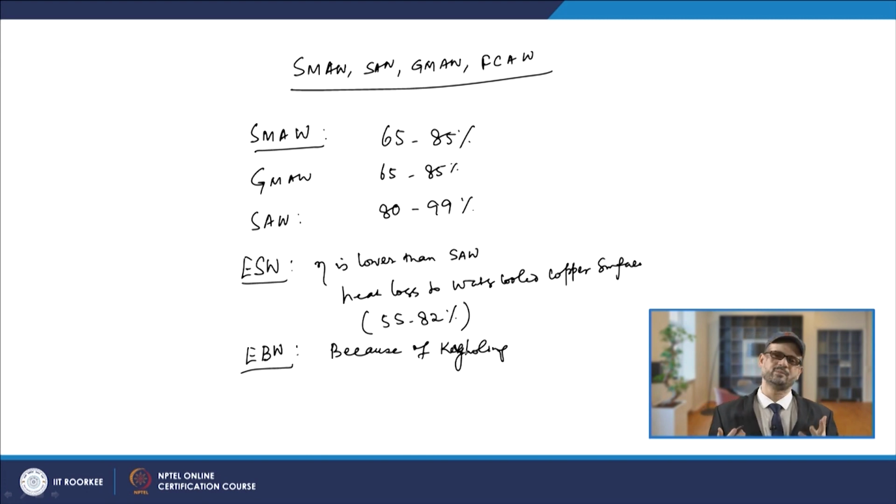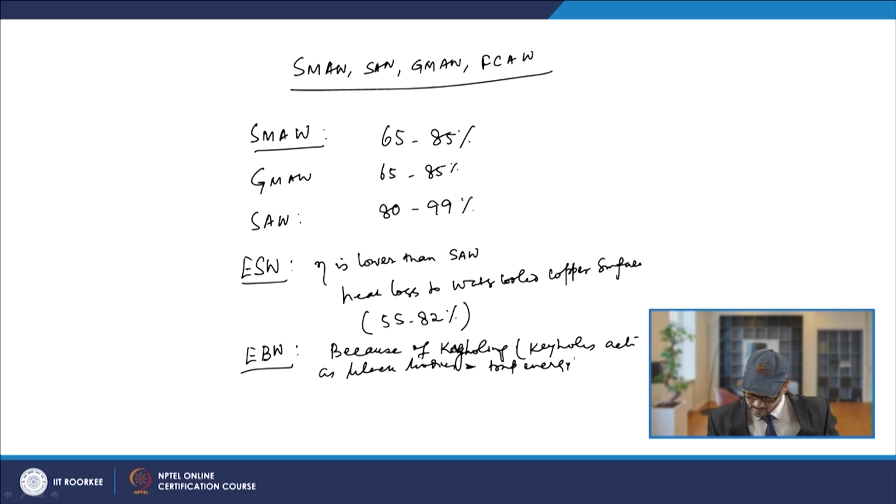So this efficiency becomes smaller. So, because keyholes act as black bodies and trap the energy, this electron beam welding process also shows a smaller amount of loss, otherwise it could have been even higher, but otherwise electron beam welding goes from 80 to about 95%.